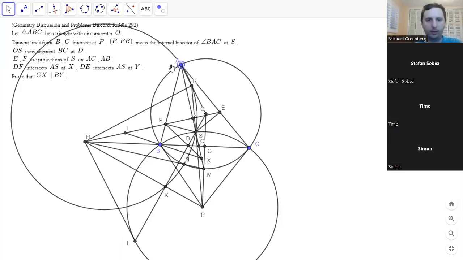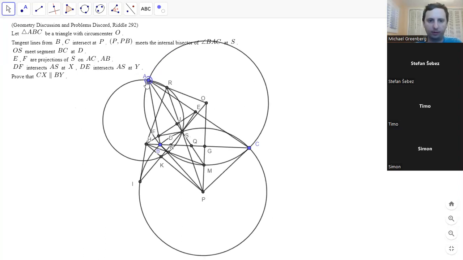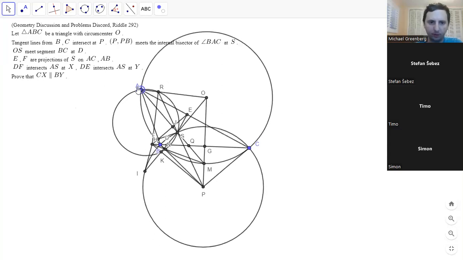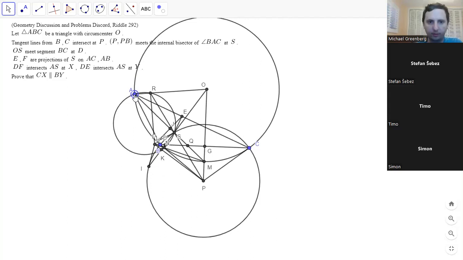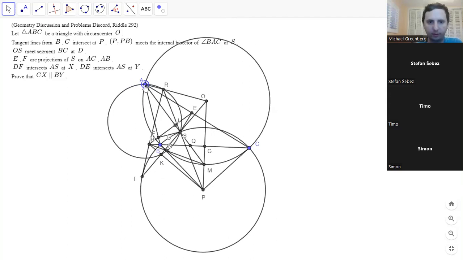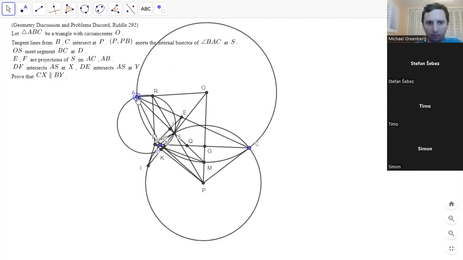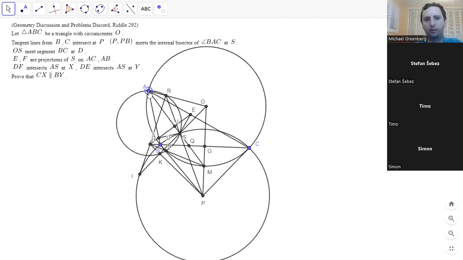So that means if BF or CE gets close to 0, then SF and SE... Let's see. That almost doesn't look right, because here BF is really, really small. But SF and SE, you see what I mean? But maybe it's just a bad diagram.